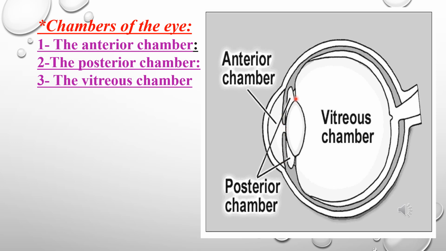The posterior chamber lies between the posterior surface of the iris and the lens, and is also filled with aqueous humor, while the vitreous chamber lies behind the lens and is surrounded by the retina, and it is filled with the vitreous body.